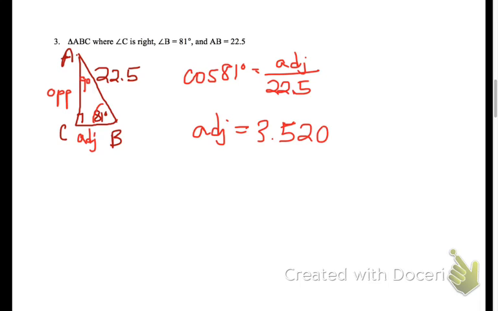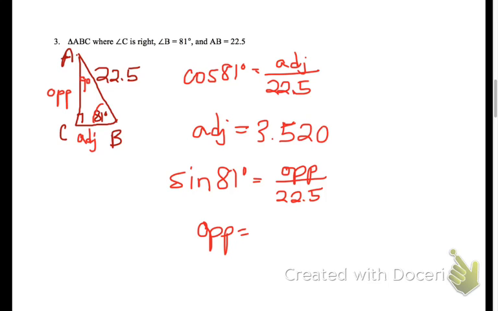And again, our opposite, we're going to stick with the sine function, the sine of 81 degrees, and that's our opposite over hypotenuse. So the opposite side length is 22.223, again if we round. So we've got our angle measurement and our two side lengths.